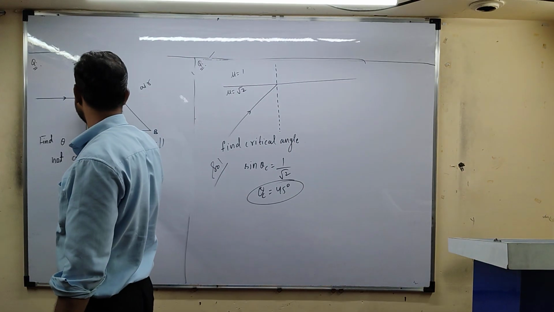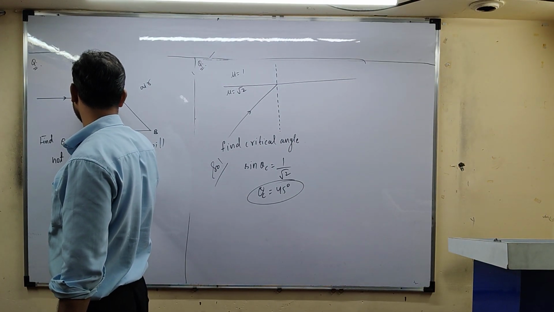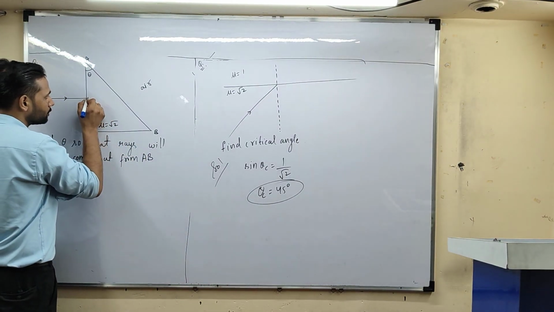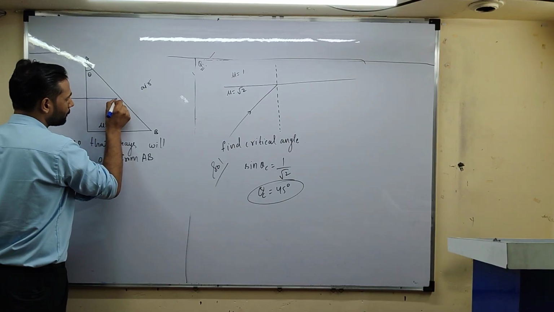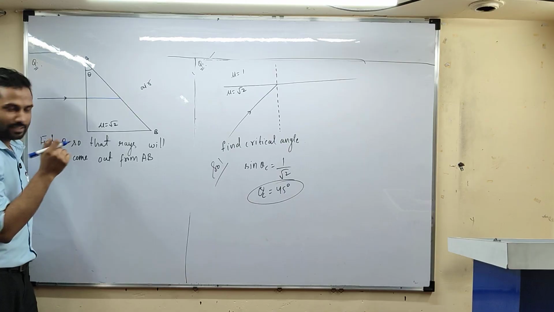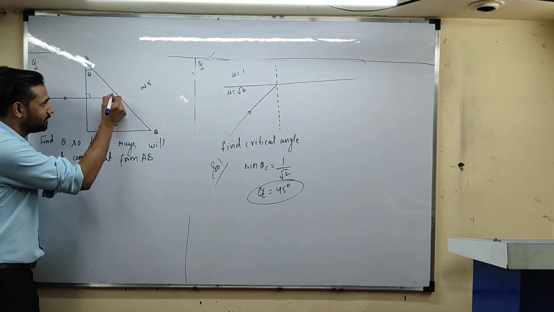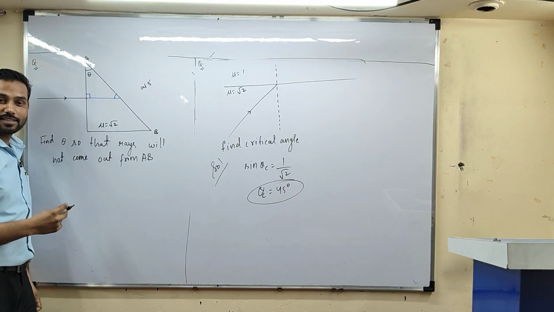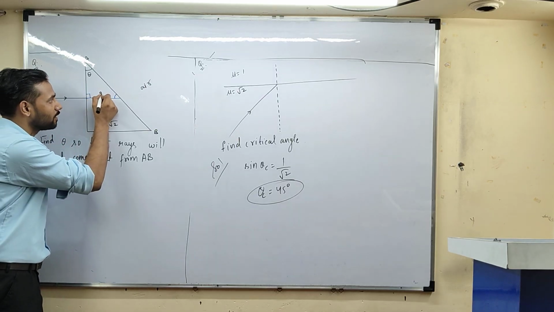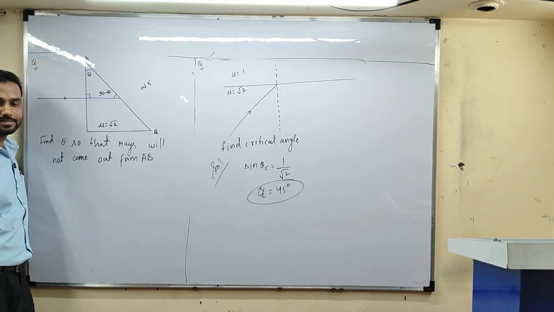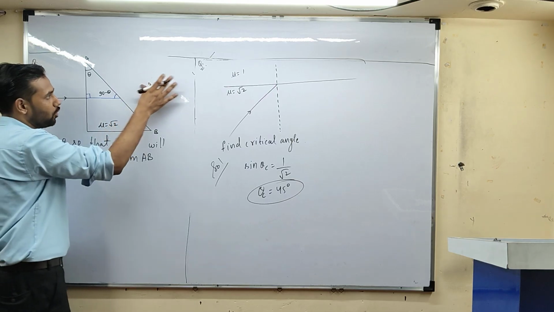Let the rays come inside. If this is theta, this is 90, then what is this? 90 minus theta. Then let's take the normal.